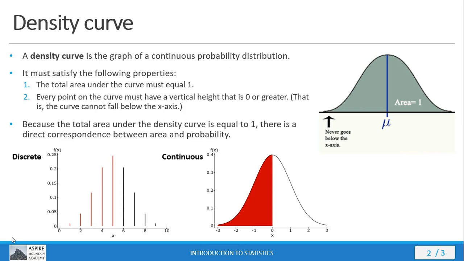So if the total area underneath the density curve is equal to 1, that means any portion of the area underneath the density curve is between 0 and 1. And therefore, we can correspond the area that's shaded underneath the density curve with a certain probability.